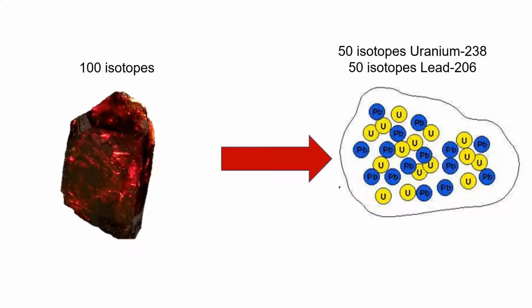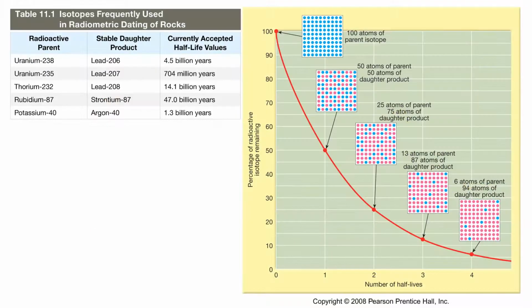You put this into an instrument called a mass spectrometer. It separates out and counts the number of parent isotopes and the number of daughter isotopes, and then it looks at the ratio. As you can see right here, this is a 50-50 ratio. You have 50 parents, 50 daughters. That leads you to 50%.